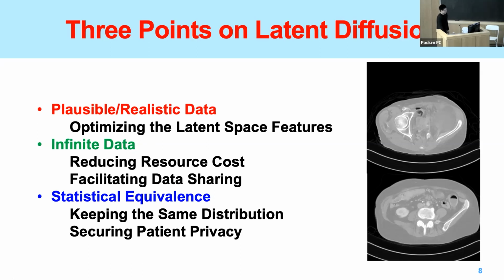Additionally, we can use the latent diffusion model to synthesize an infinite data set to reduce resource cost and facilitate data sharing. Finally, the original dataset and the synthetic dataset keep the same distribution. Therefore, we can use the synthetic dataset to secure patient privacy. And then Dr. Tran will present the next work.